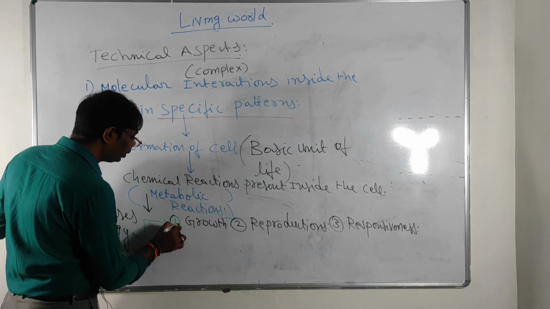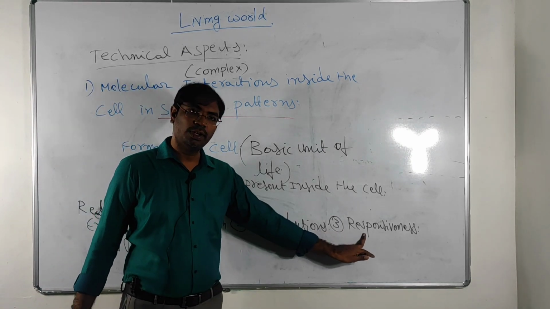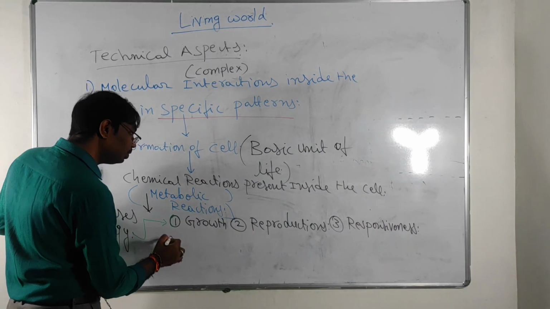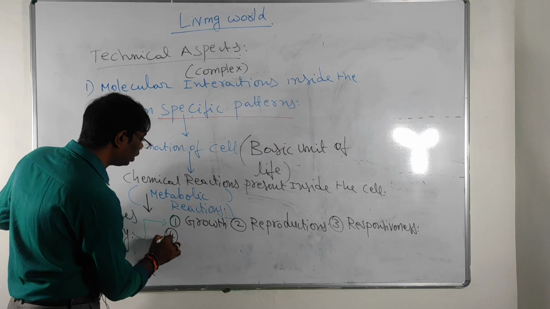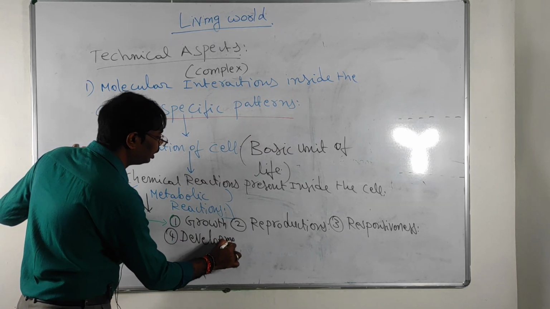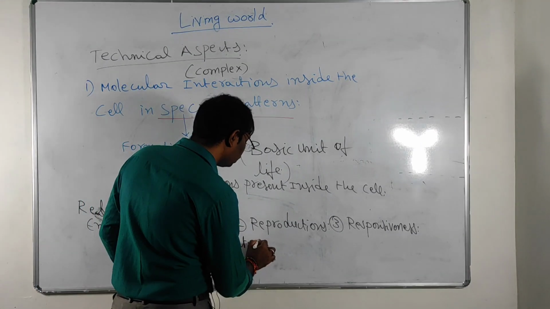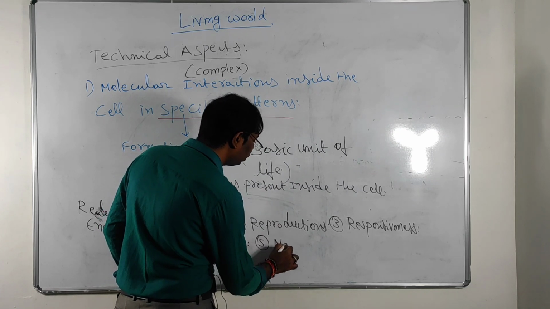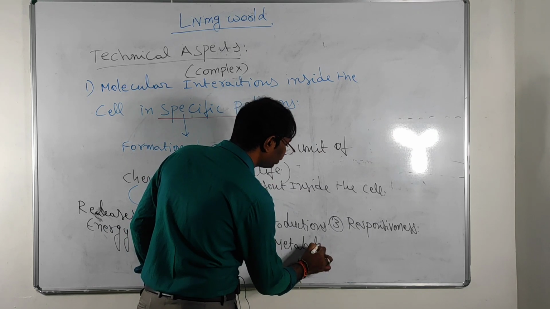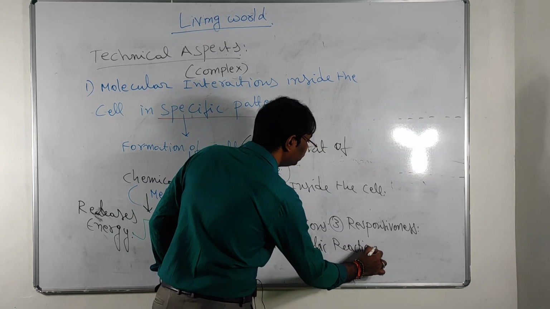And other things are there. This energy is also important for development of organisms. And this energy is also important for other metabolic reactions. Again, metabolic reactions are chemical reactions inside the cell. So this is the significance.